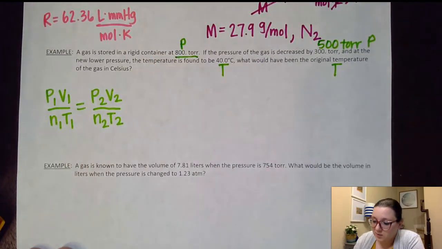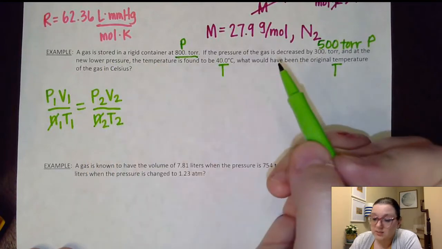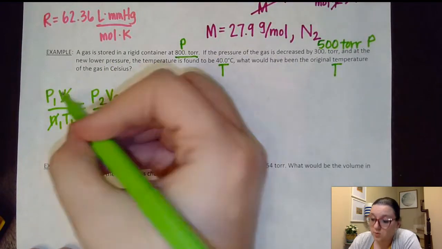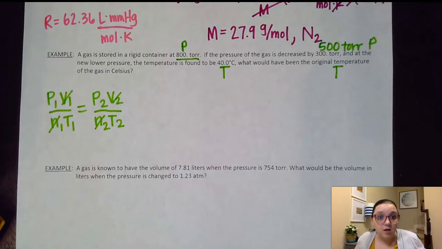Now, I notice that only pressures and temperatures are mentioned as changing. They don't mention amount at all, so I assume that stays constant. And they told me I had a rigid container, so I would assume that volume also stays constant. And so I can see here I'm essentially using the equation P1 over T1 equals P2 over T2. I'm using Gay-Lussac's law.